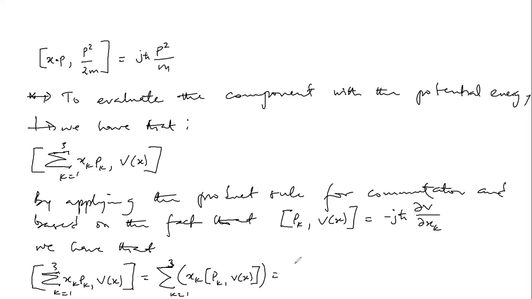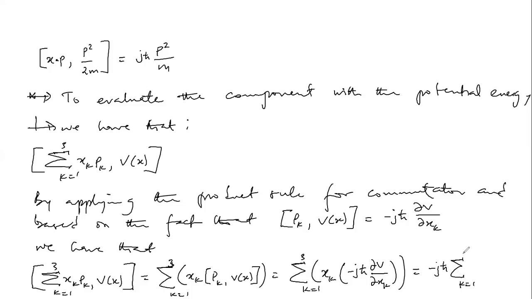This will be the same as the sum over k equal to 1 to 3 of S_k times negative jħ dV/dx_k, which will be the same as negative jħ sum over k taking on values from 1 to 3 of S_k dV/dx_k.